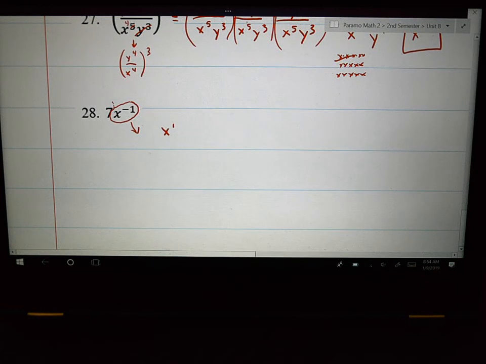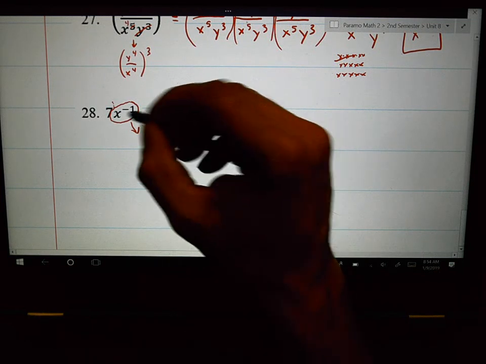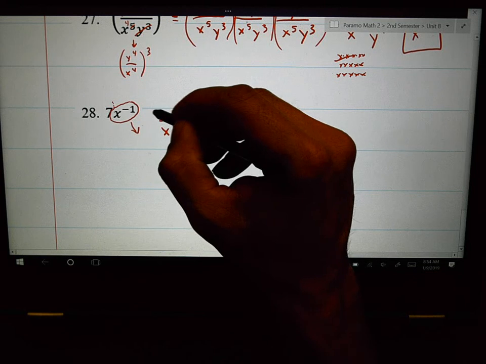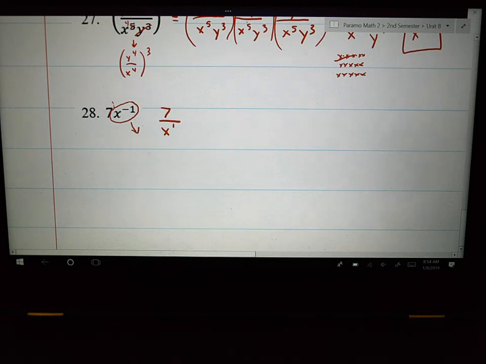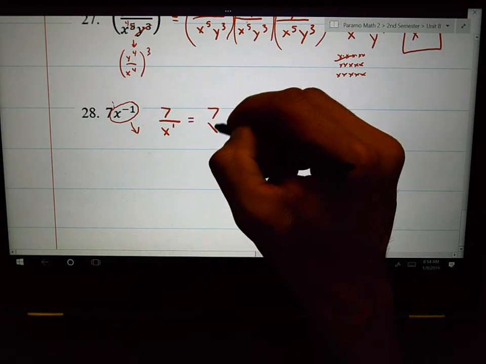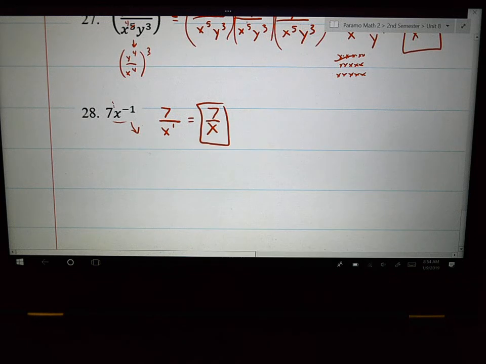Well, what happens to the 7? The 7 is in the numerator. It stays there. I know this is a weird answer, but your final answer for 28 should be 7 over x.